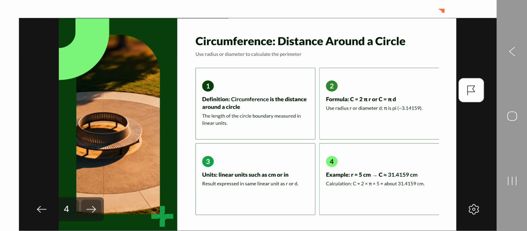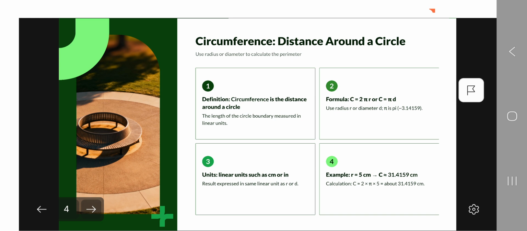So the formula then was circumference equals 2 times pi times the radius, or circumference equals pi times diameter. Hold on just a sec.